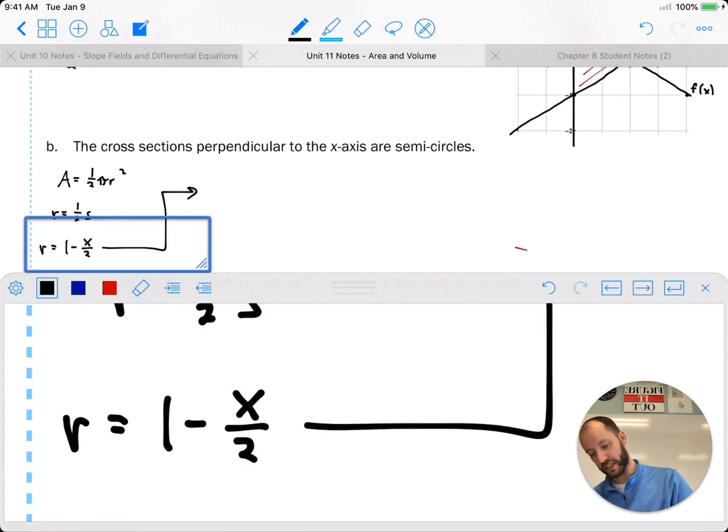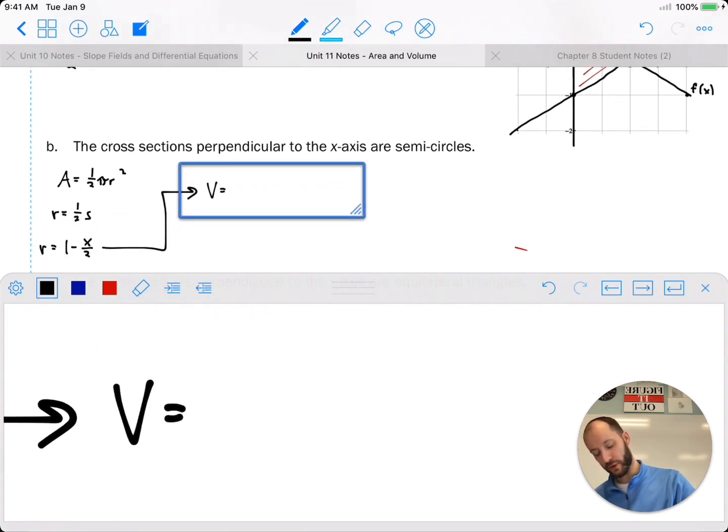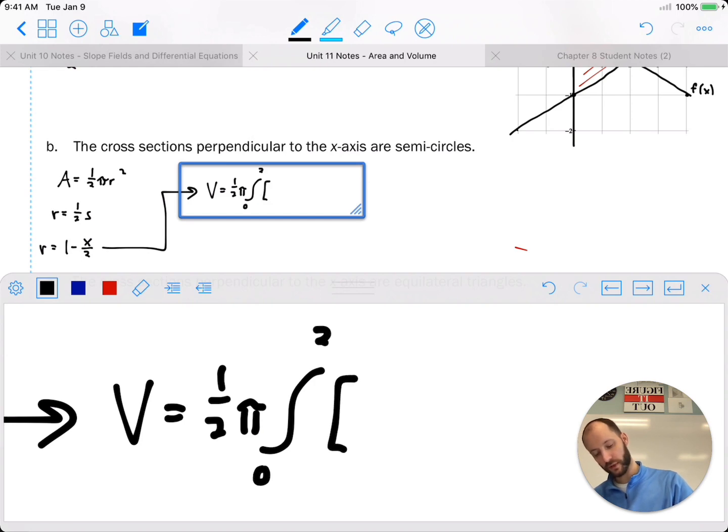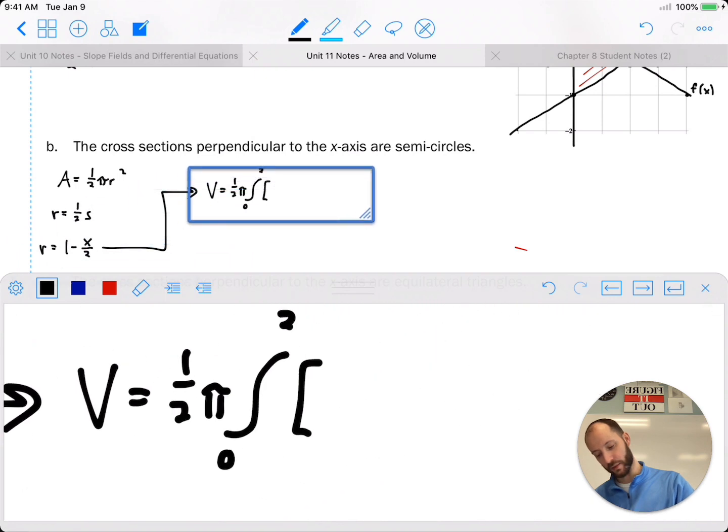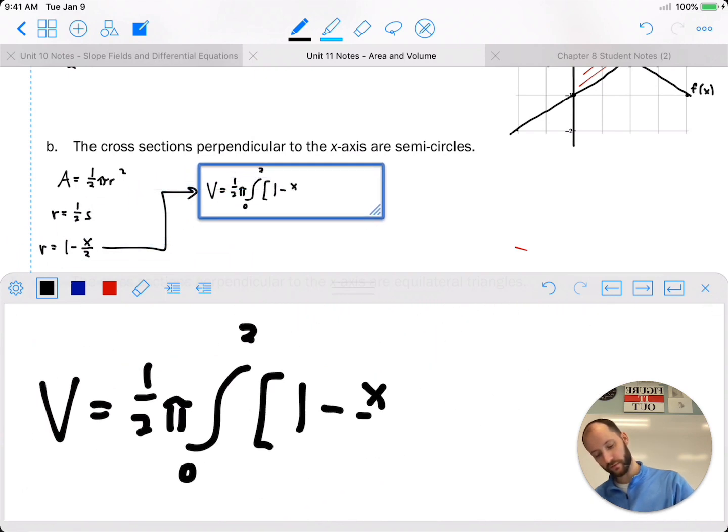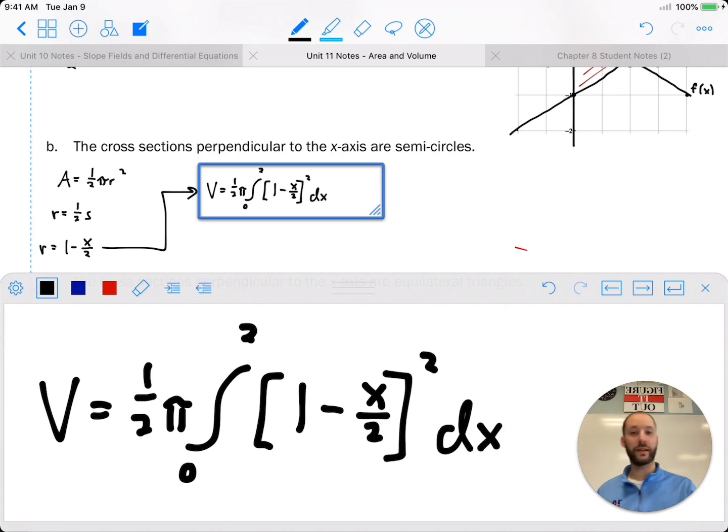So take that, put it into an integral. Let me start over. So 1/2 pi r squared, right? So 1/2 pi are constants. You can pull those out. Then from 0 to 2, our radius is 1 minus x over 2, squared dx.